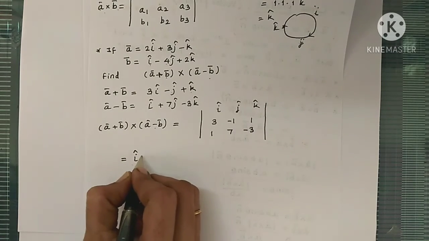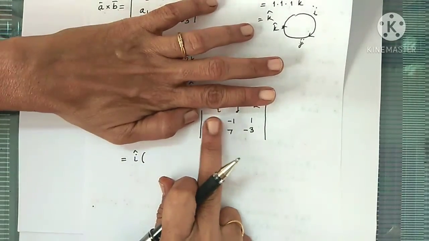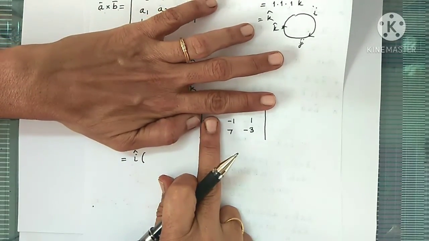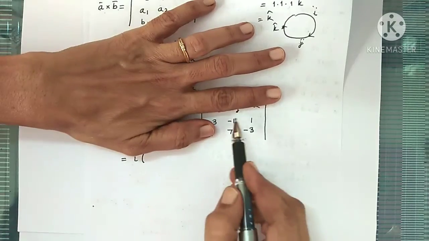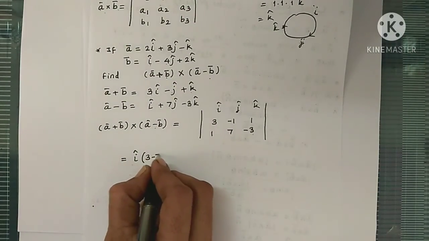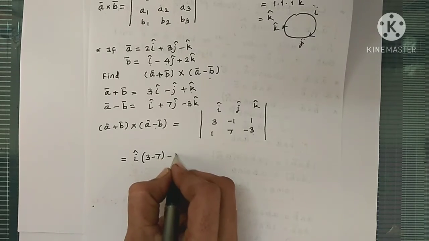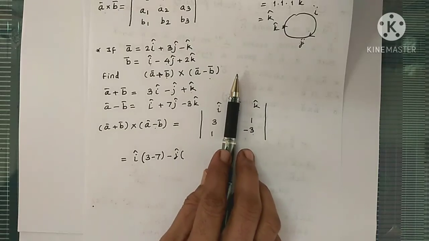So the first term is i cap; we don't consider the first row and first column, and we write the expansion of the 2 by 2 determinant. So it is minus 1 into minus 3, that is 3, minus 7. Now for the second one we have minus j cap. Don't consider the second column and first row.